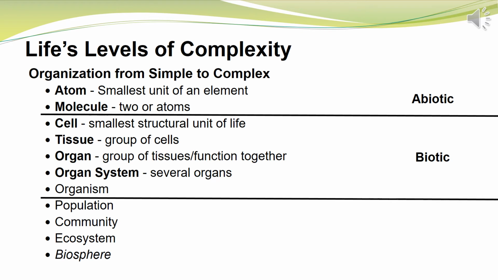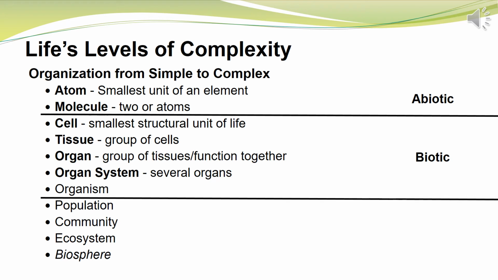Groups of cells create tissues, and these groups of cells then combine to form organs, which contain 1 or more types of tissue, at least 2 types of tissue anyway, and they function together. A bunch of organs together create an organ system, and then when we put a bunch of organ systems together, we of course get a whole organism.